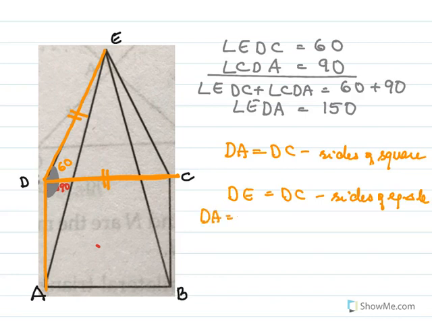So if DA equal to DC and DC equal to DE, we can write DA equal to DE. So I mark that DA equal to DE and I'll erase this. This entire angle was given as 150.